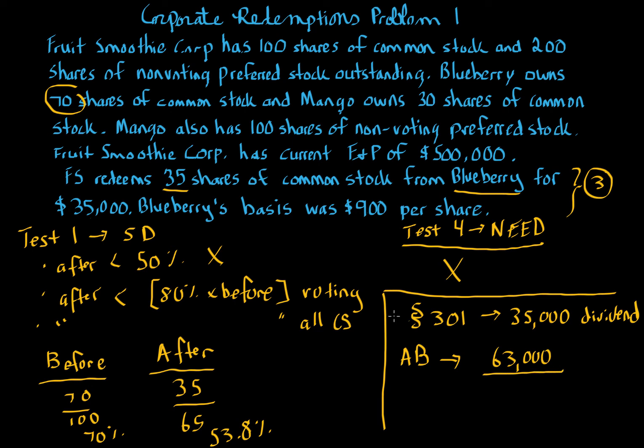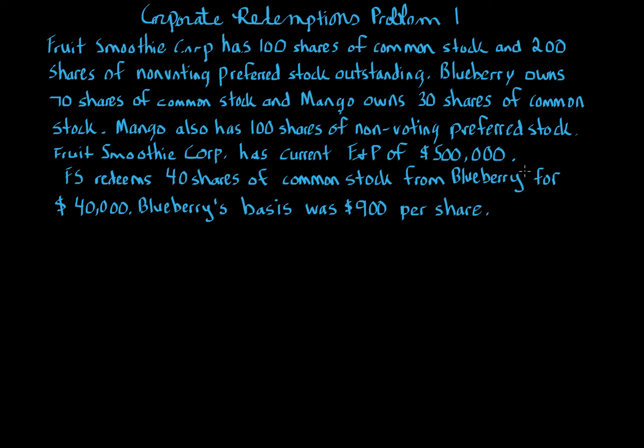We divide that by the number of shares left. 35 shares are redeemed, so 70 minus 35, we have 35 shares left over. $63,000 divided by 35 shares gives us $1,800 per share. The new basis per share of the remaining 35 shares is now $1,800, and that's what Blueberry takes in those shares. And that's the consequences with respect to this transaction.